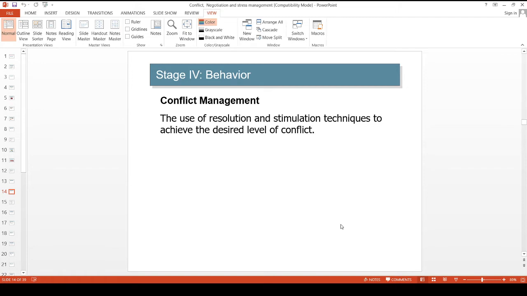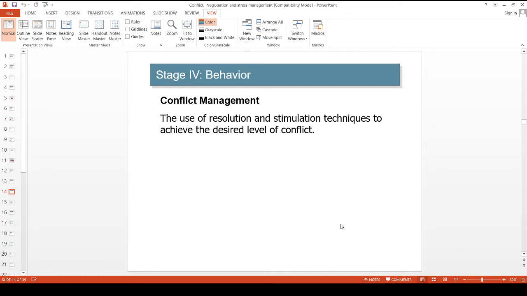But in stage 4, the conflict actually occurs and becomes visible. The behavioral stage includes the statements, actions, and reactions made by the conflicting parties. These conflict behaviors are usually overt attempts to implement each party's intentions.